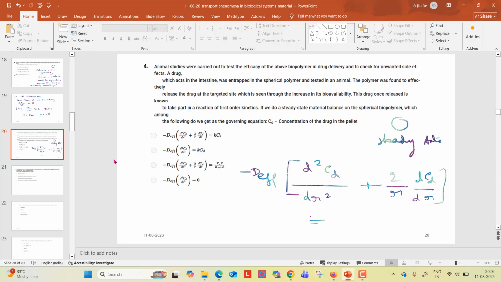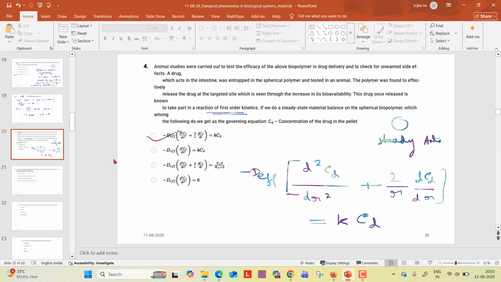Here the substrate is going through a first order kinetics, right? So first order kinetics is K into CD, simple. So if you compare, it is option A, right?